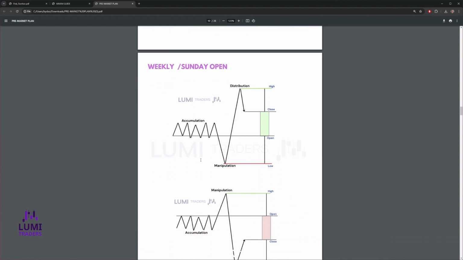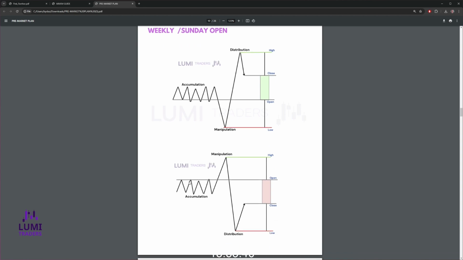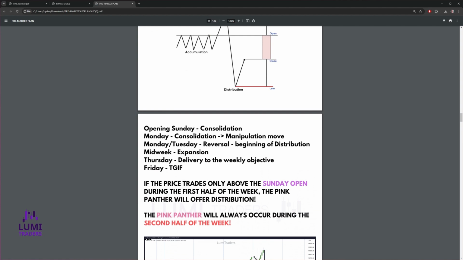Okay, weekly Sunday open. If you want to consider the weekly candle, we got the open of this candle, we got manipulation, then range expansion, distribution. We got Sunday open, we got manipulation, range expansion, distribution. So usually I would like to see Sunday as consolidation most of the time.